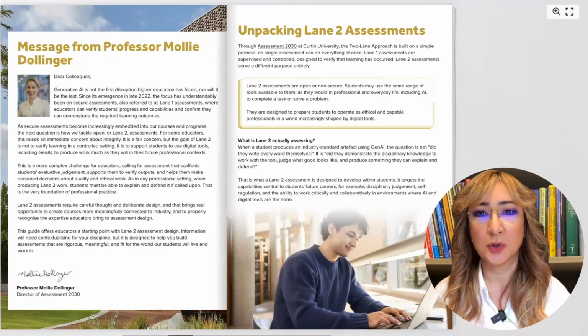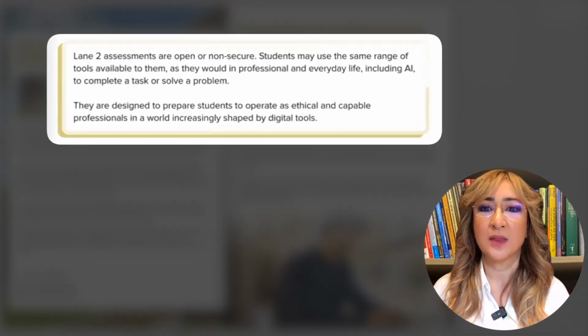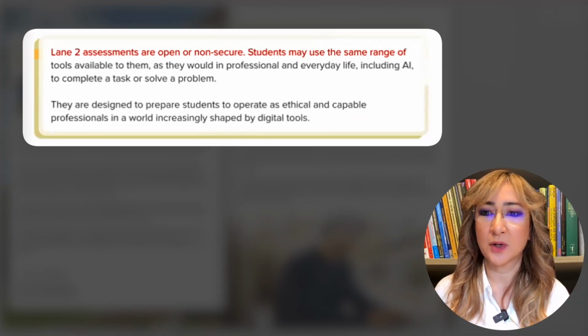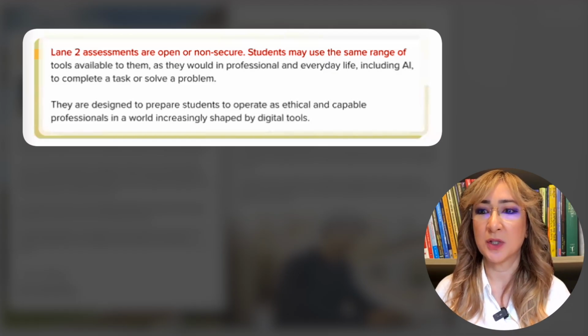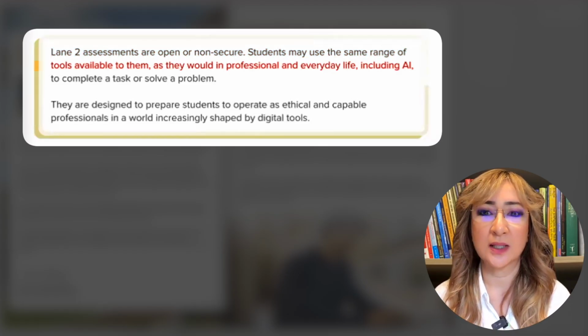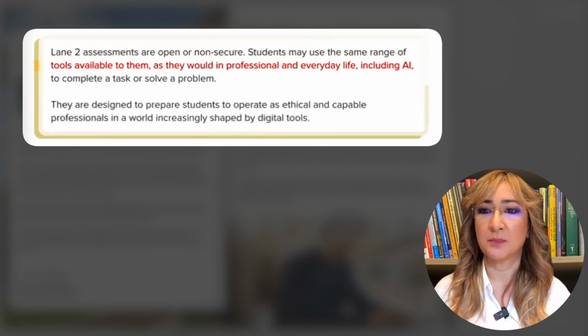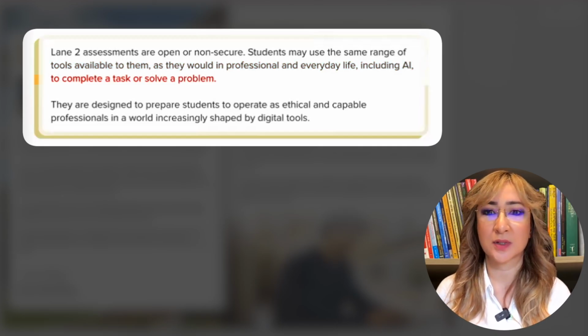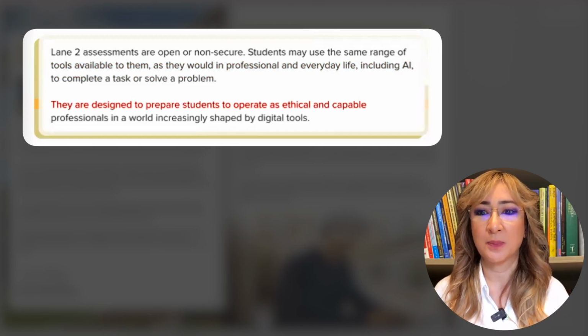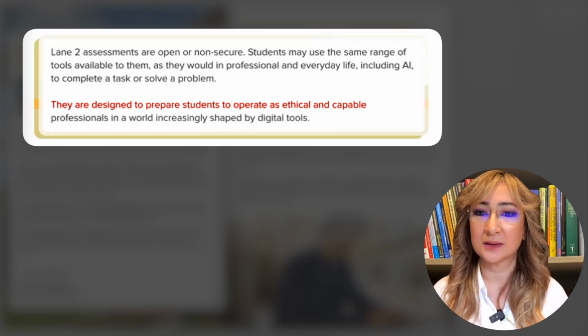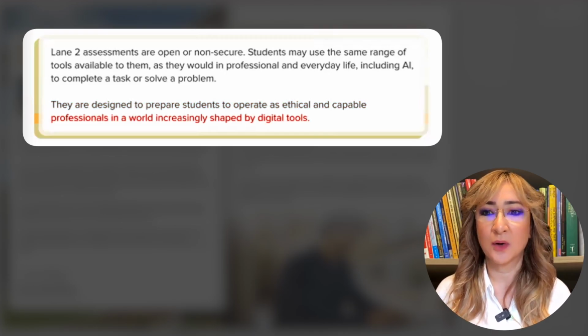So lane 2, if we focus on that for a minute, they're assessments which are open, non-secure. Students may use the same range of tools available to them as they would in professional and everyday life, including AI, to complete a task or solve a problem. They're designed to prepare students to operate as ethical and capable professionals in a world increasingly shaped by digital tools.